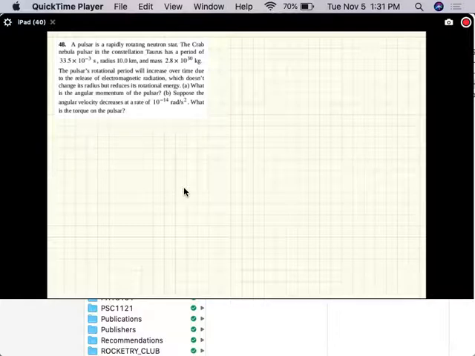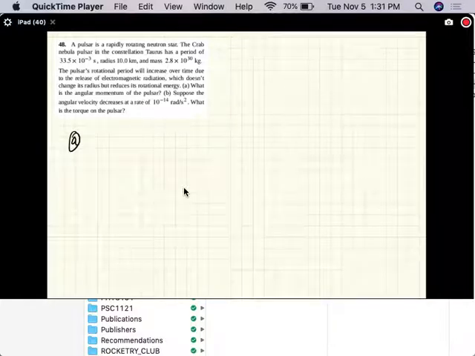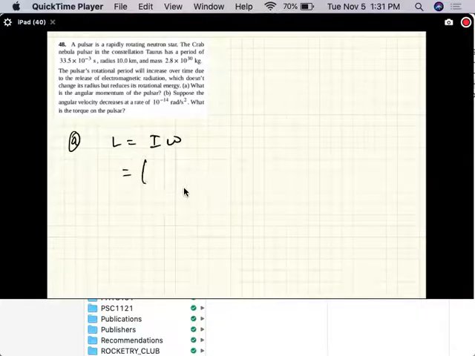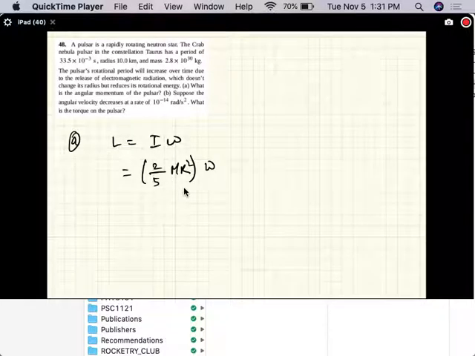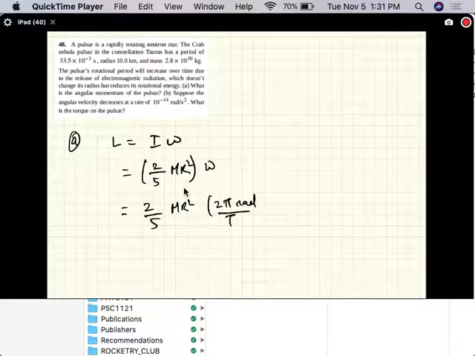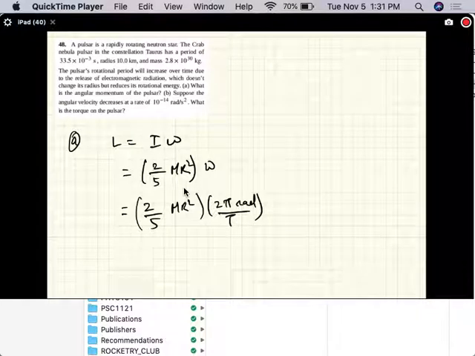Okay. The angular momentum of the pulsar is I times omega. I for a sphere about its center of mass is that, and omega is, it rotates 2 pi radians in its period. So that's the formula.